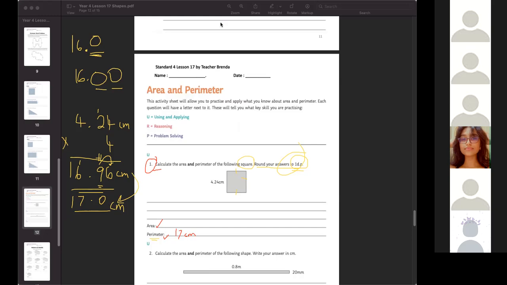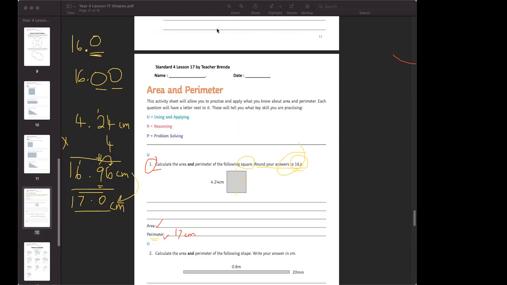But for the other part where I'm going to do the area, this is a little bit of a tedious calculation. Why tedious? Because it's a decimal number. I must take 4.24 and times it by 4.24. Oh gosh, how do I do this?